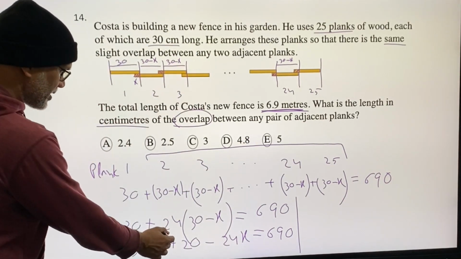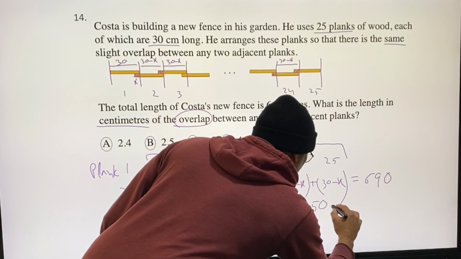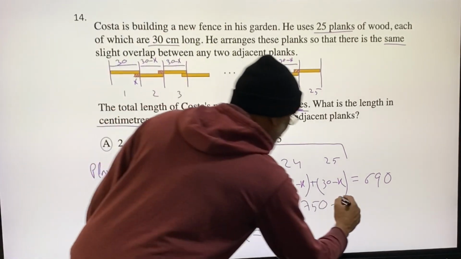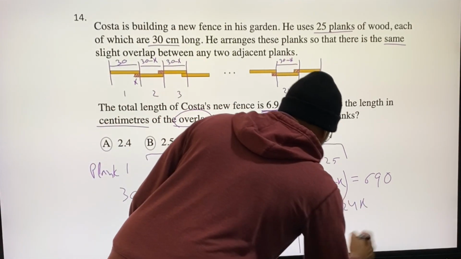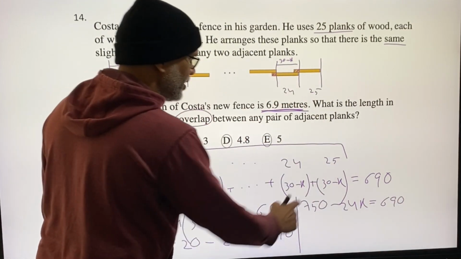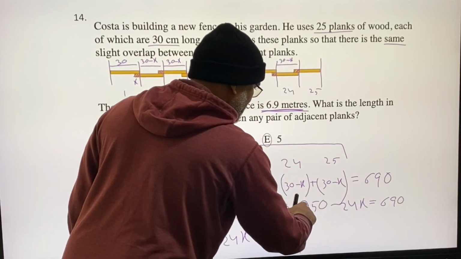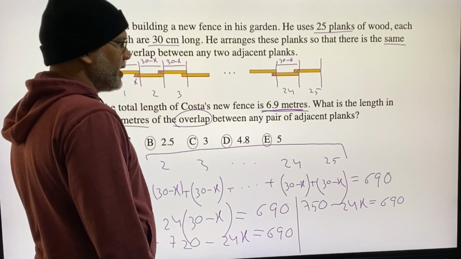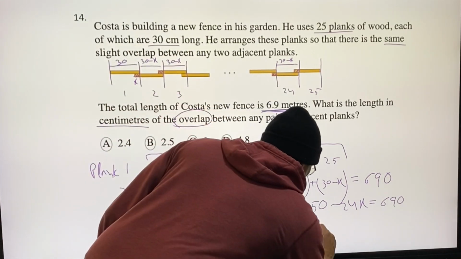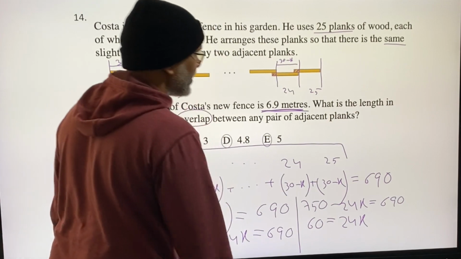This is 720 plus 30 is 750 minus 24x is equal to 690, right? So I take the 24x to that side, I bring the 690 to this side. So 750 minus 690 is 60 is equal to 24x, right?